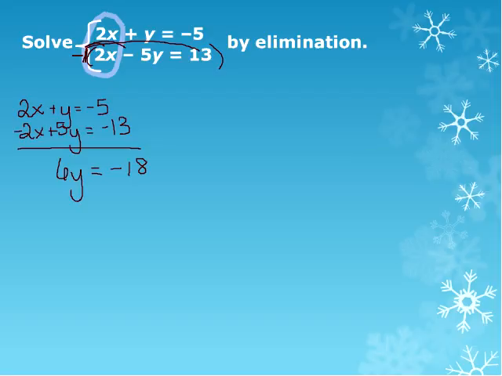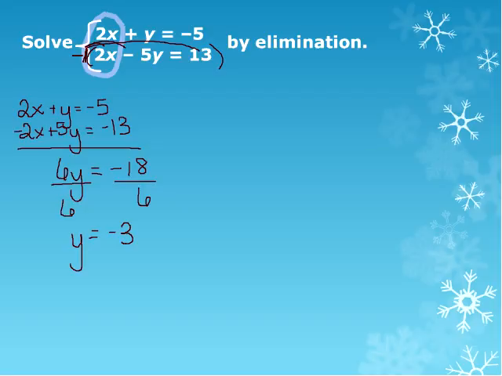The last step to get y by itself, if it's 6 times y, let's go ahead and divide still. And what will we get for y? Y will equal a -3.